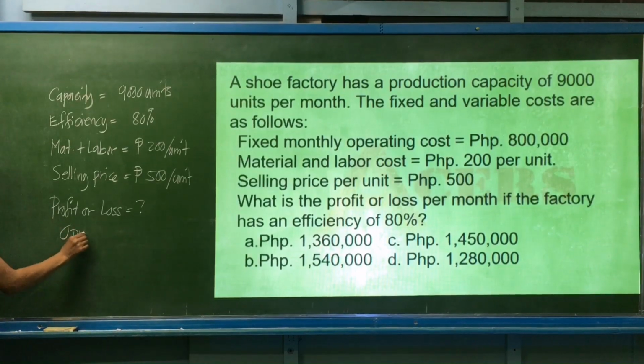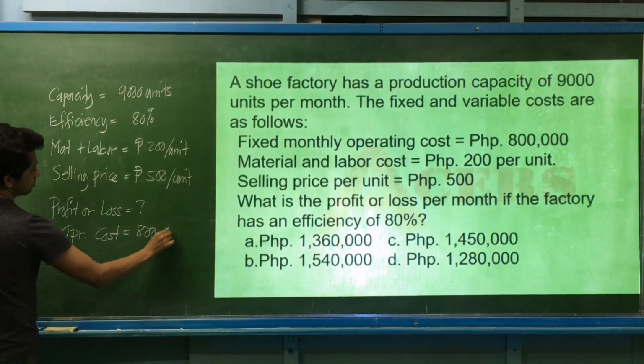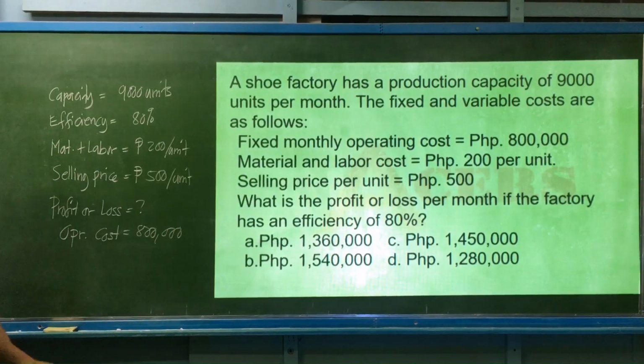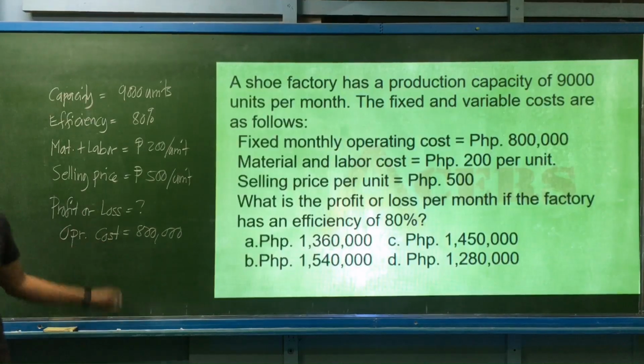So operating cost. Material and labor cost, equal to 200 per unit. Selling price, ibebenta siya ng 500 per unit. So what is the profit or loss per month if the factory has an efficiency of 80%? So required profit or loss.